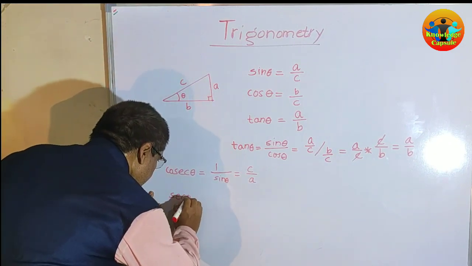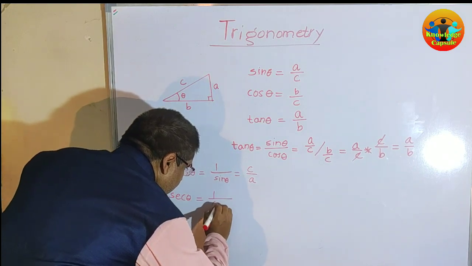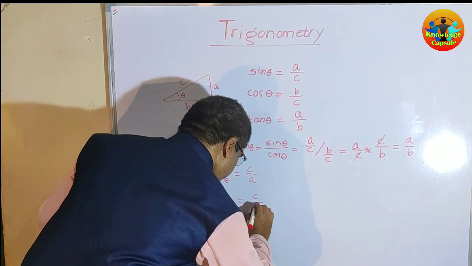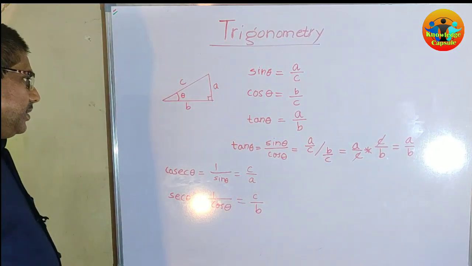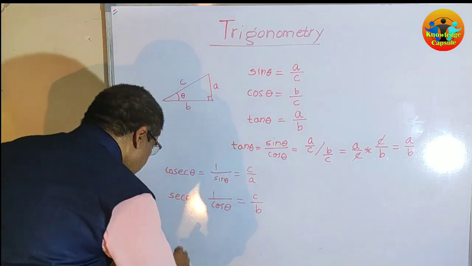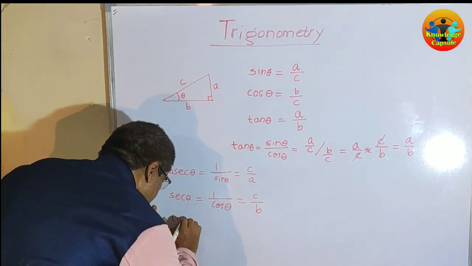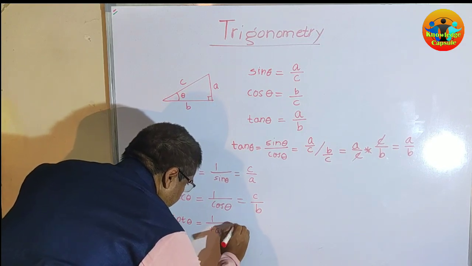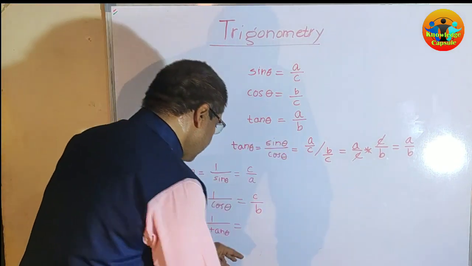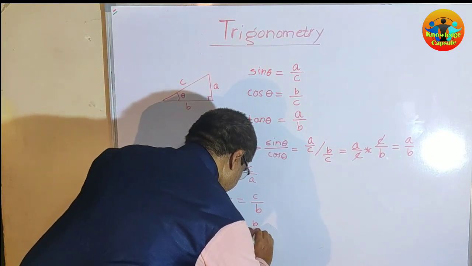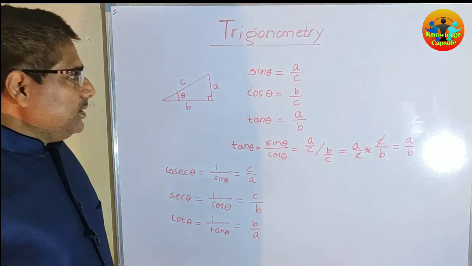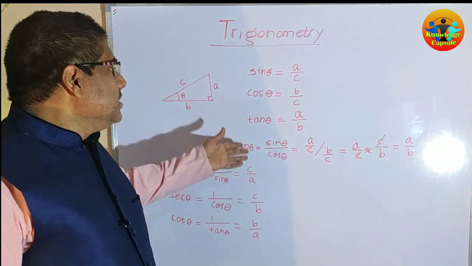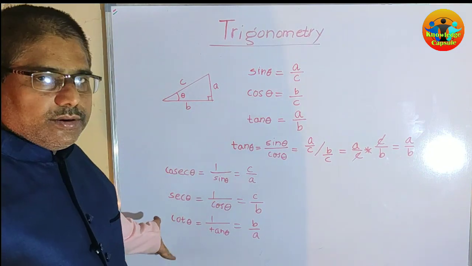Sec theta is equal to 1 by cos theta is equal to C by B. And 1 by tan theta is cot theta. Cot theta is equal to 1 by tan theta is equal to B by A. These are the 6 trigonometric ratios: sine, cos, tan, cosec, sec, cot.